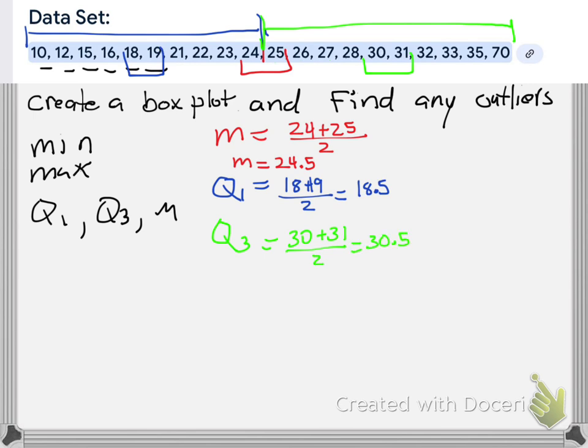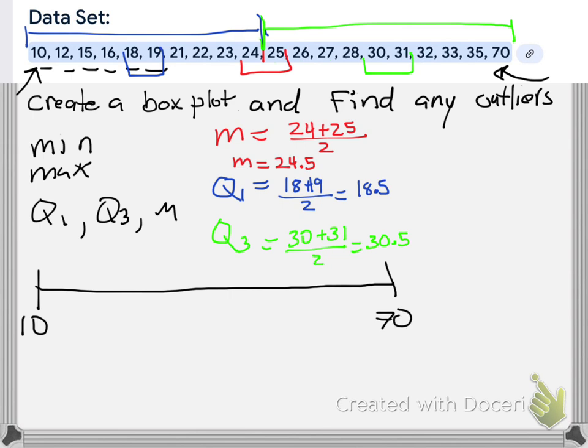All right, so now we can set up our box plot, because our minimum is definitely 10, because it's in order, and our maximum is 70. We want to set it up the best we can so that it represents all our data. I'm just going to freehand here, but this is 10, this is 70. And then if we're looking for our Q3, half of this here would be 30 more, so 40.